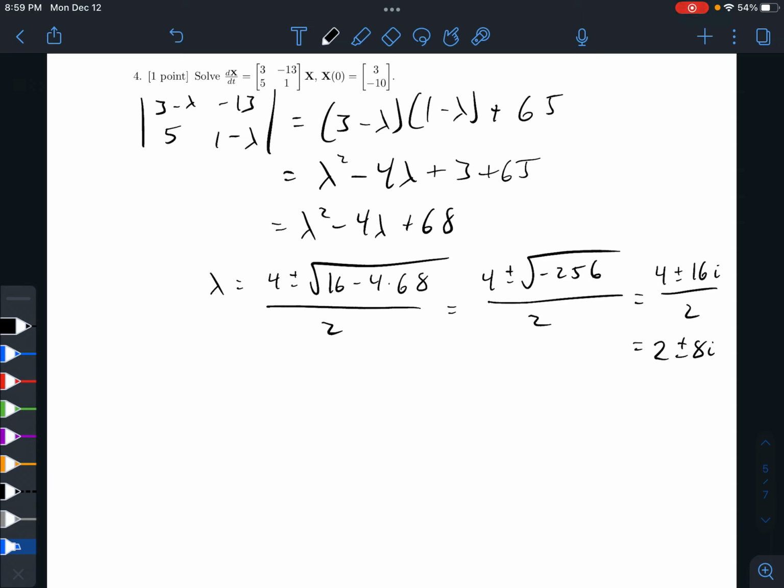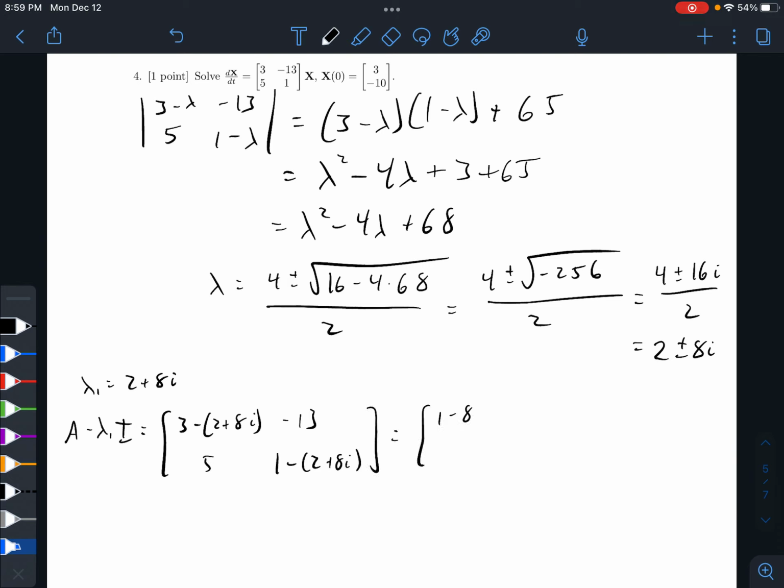So let's just stick with lambda 1 equals 2 + 8i. And we only need to figure out one eigenvector here. So A - lambda 1 I is equal to 3 - (2 + 8i), -13, 5, and then 1 - (2 + 8i).